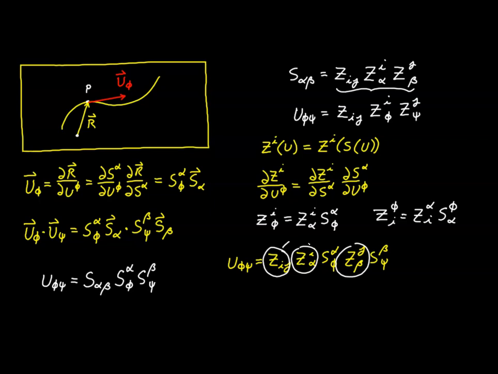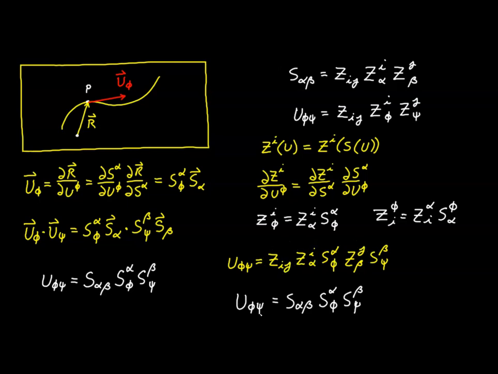So we can replace these three terms collectively with this one expression. So it's going to look like this. U phi psi is equal to S alpha beta. That's replacing these three factors with this. And then we have the two shift tensors left over, S alpha phi and S beta psi, like that. And of course you see immediately that this result is identical to the one we got right over here.